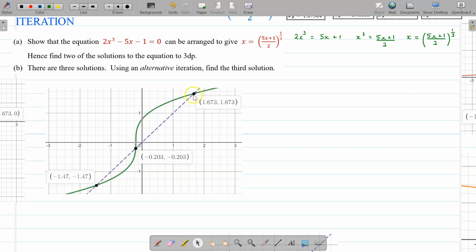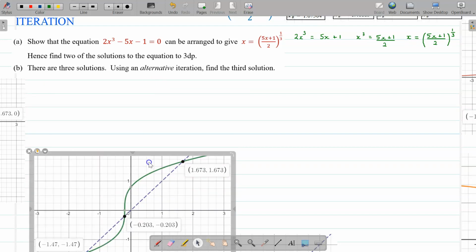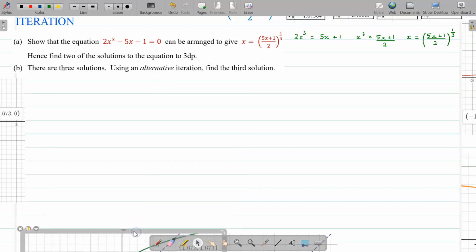Now you can see that the three crossing points are the same x coordinates as our three solutions that we're looking for, minus 1.47, minus 0.203, and 1.673. Now, the iteration process works like this. In practice, what we do is we get the calculator, and before we do that, actually, I'll just show you how we write this down.